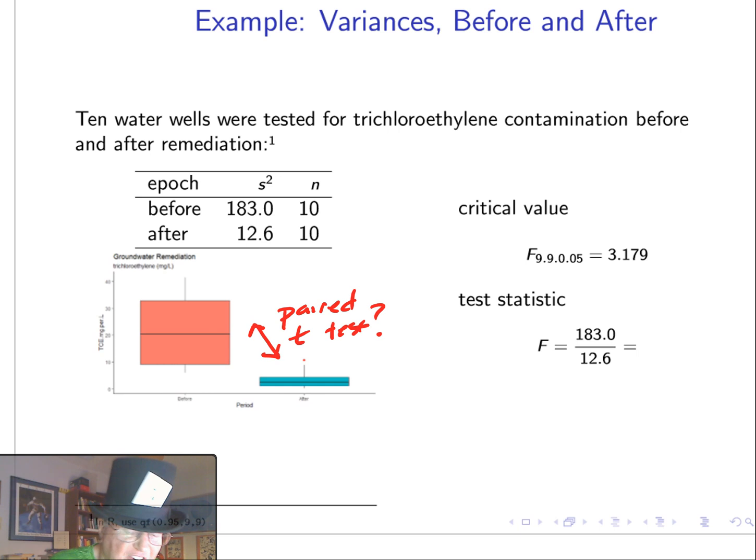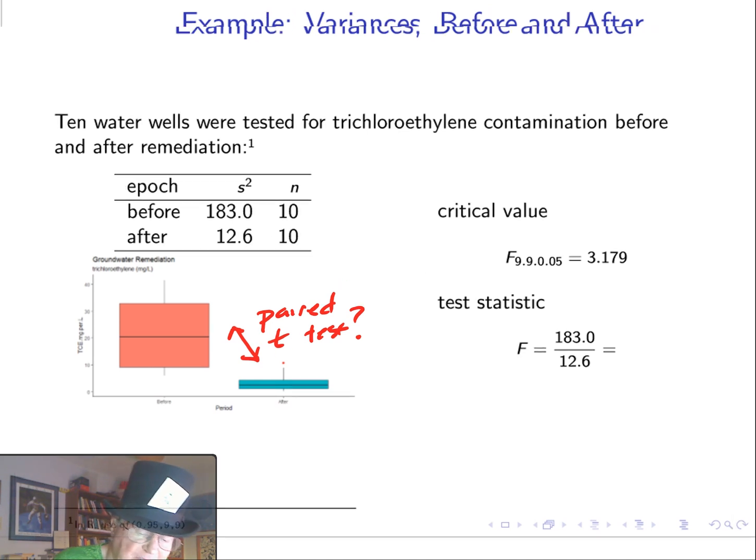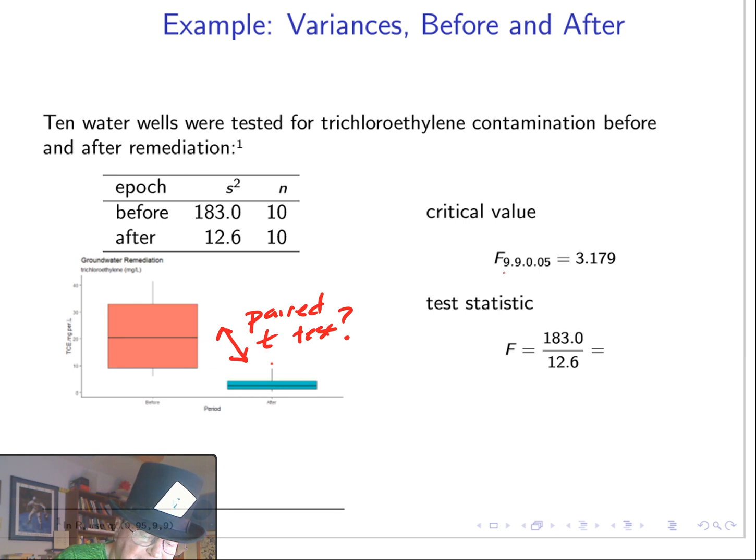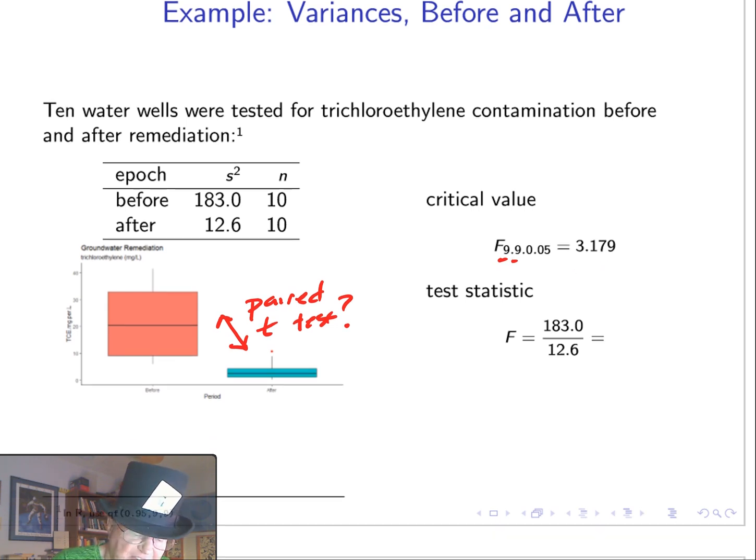We want to see how variation has changed. So we're going to look at the two variations, 183 before, 12.6 afterwards, same sample size, 10. So then the critical value, we'll just look this up in the F table or use R. And we find that critical value to be 3.179.